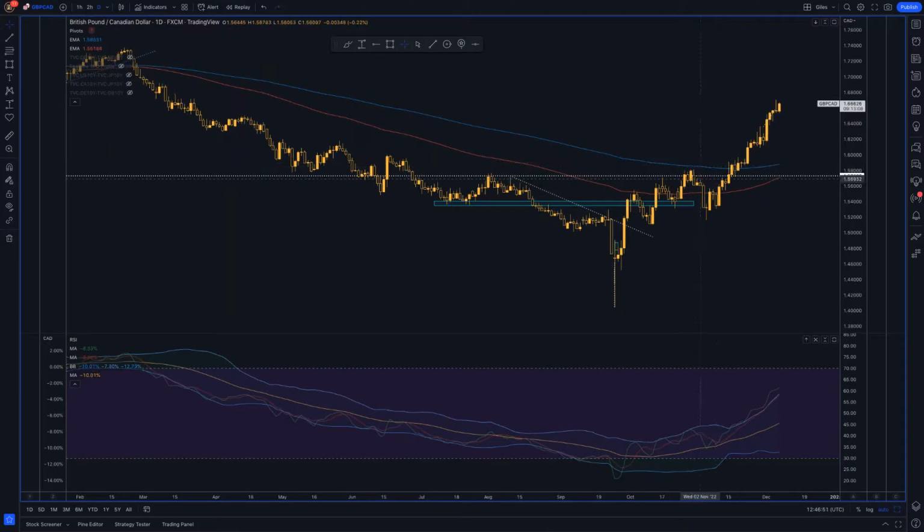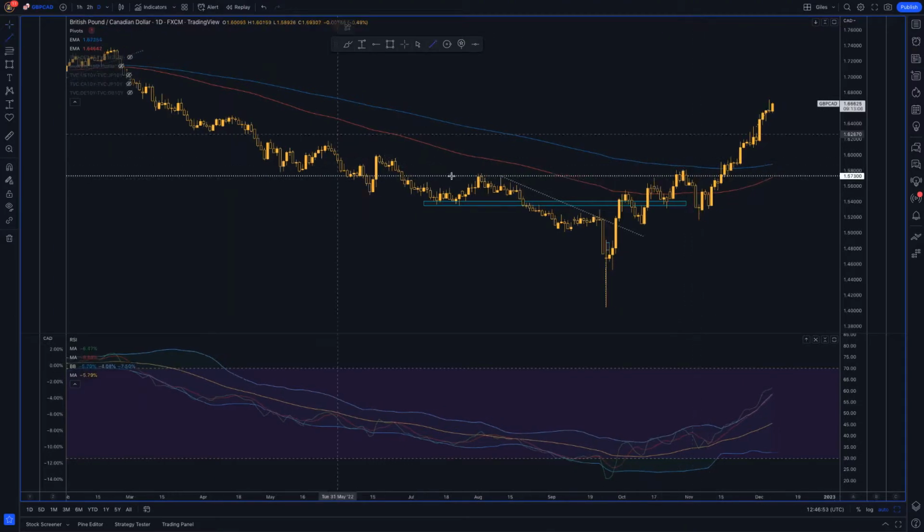You can see that October 26th, this was the area to see price go through, and it's just crunched through that area and made its way higher. All of that made sense.